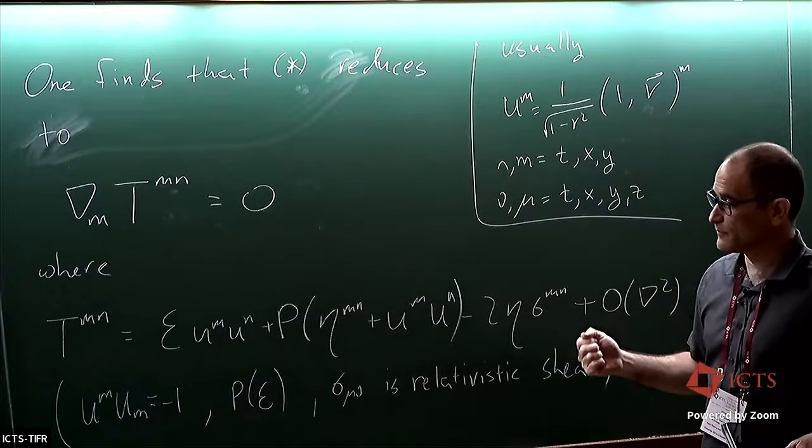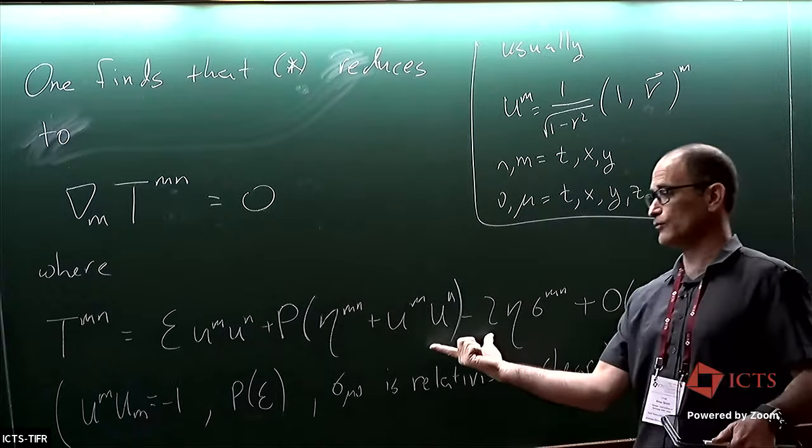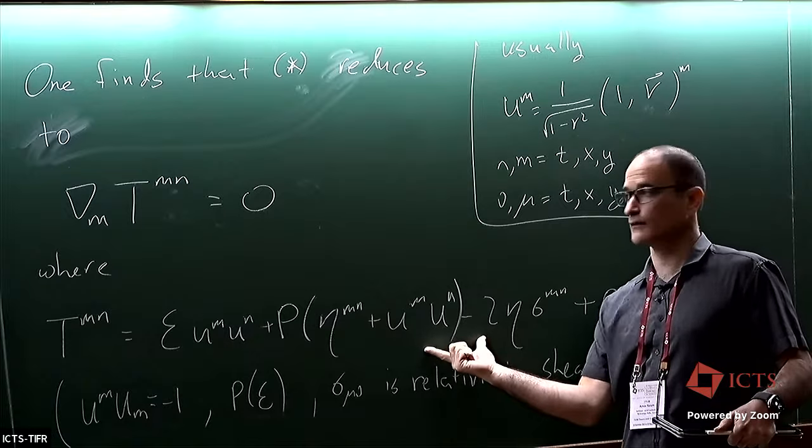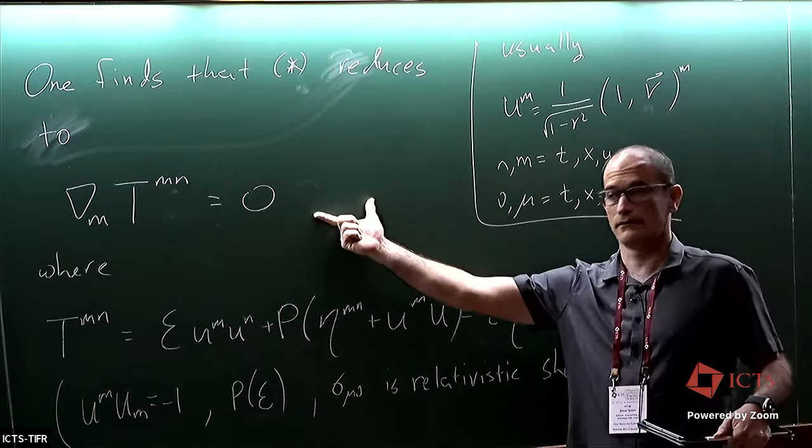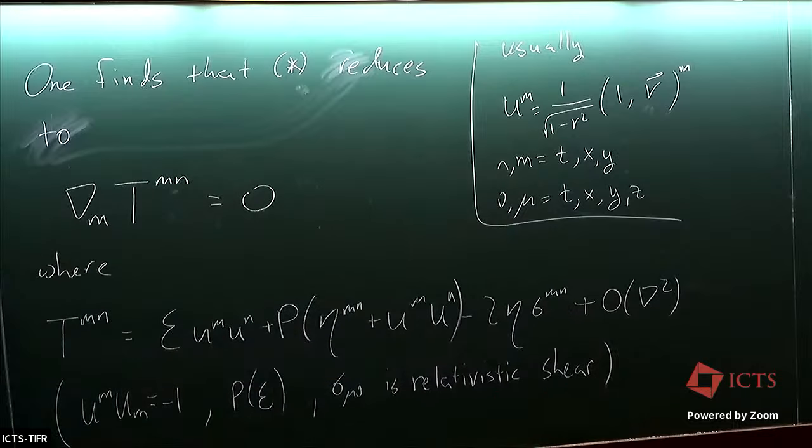So what this means is that if you give me a solution to these equations, then it's also a solution to these equations, again, in this approximation that we're using.